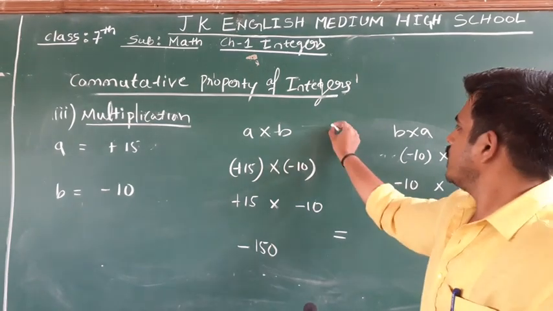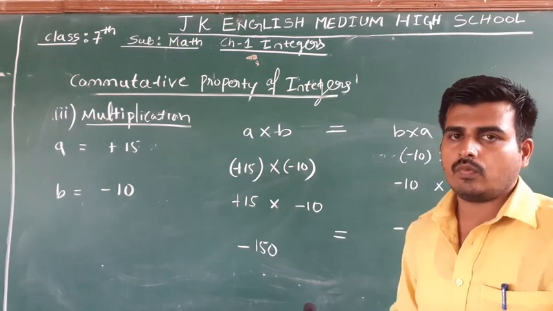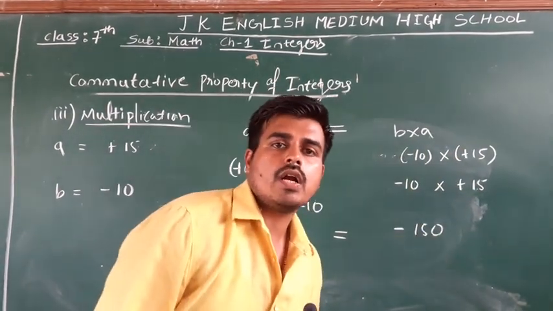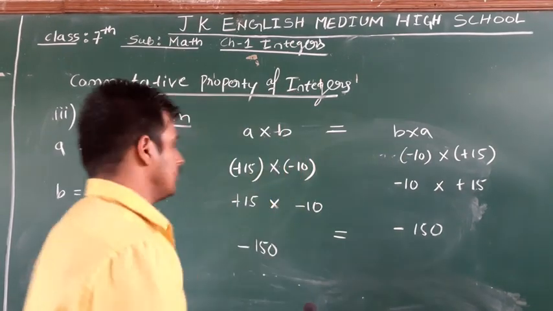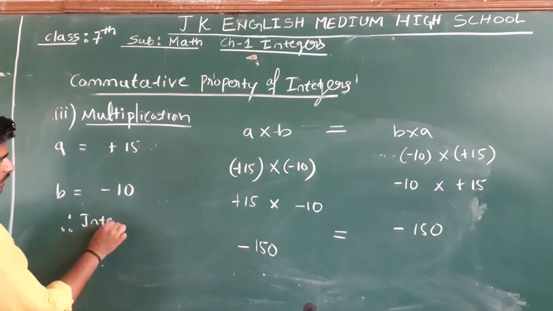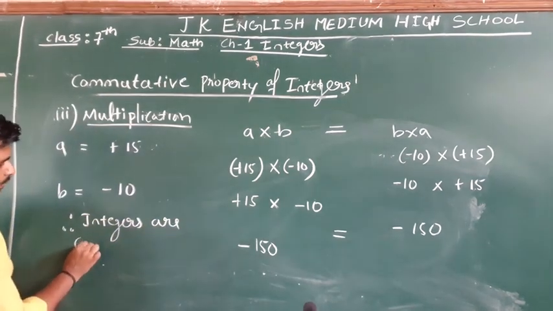Therefore a into b is equal to b into a. Therefore what is our conclusion? Integers are commutative under multiplication.